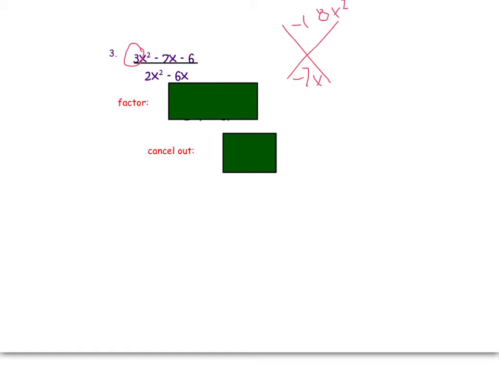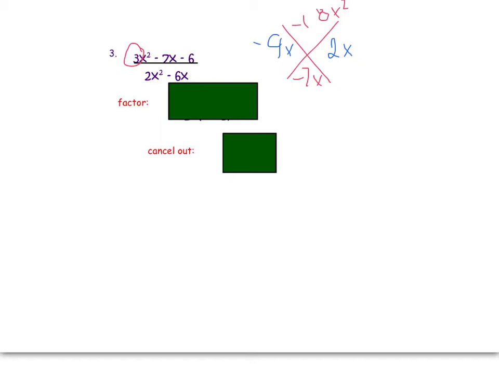Then we need to think, what two factors will multiply to negative 18 and add to a negative 7? I know that 9x and 2x will multiply to that negative 18 as long as my 9 is negative, to give me that negative 7.